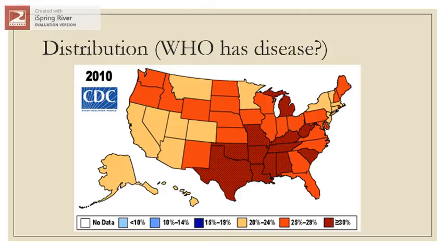So this yellowish color shows which states have 20 to 24% of the population within that state who is classified as obese, meaning they have a BMI greater than 30. The orange color means that within those states, 25 to 29% of the population is obese, and then the red states, greater than 30% is obese. This is just an example of classic epidemiology. What is the distribution of obesity in the United States? This map shows us that.